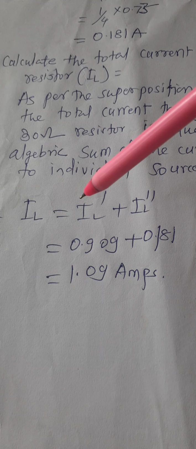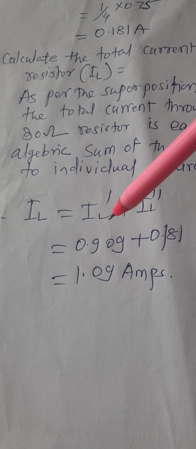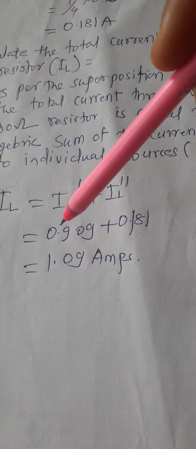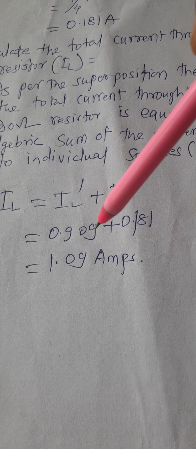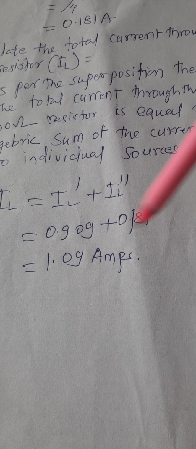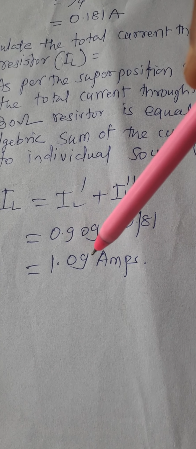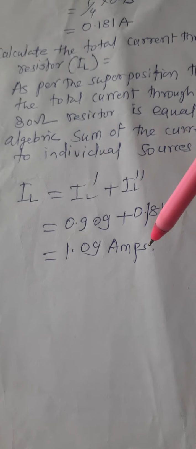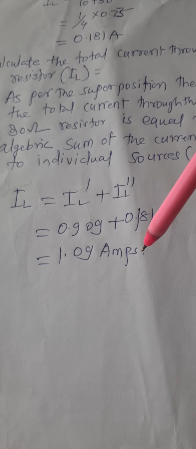IL is equal to IL dash plus IL double dash, that is 0.909 plus 0.181, and it is equal to 1.09 amperes.